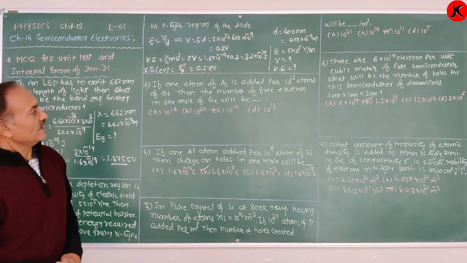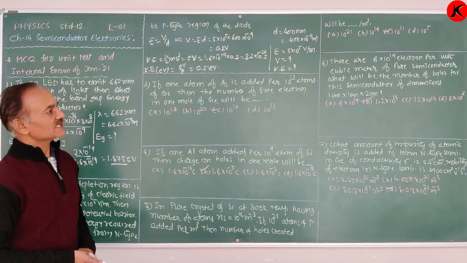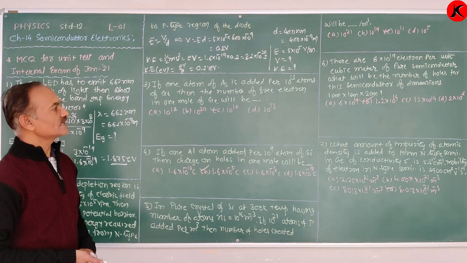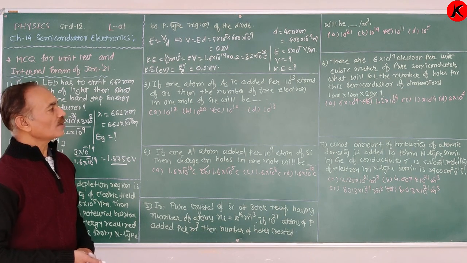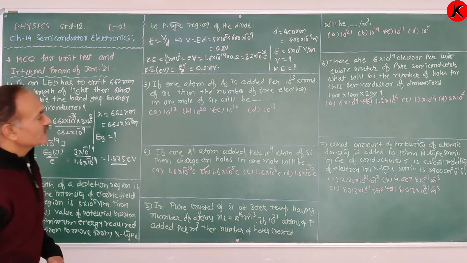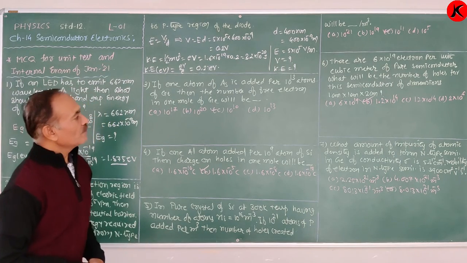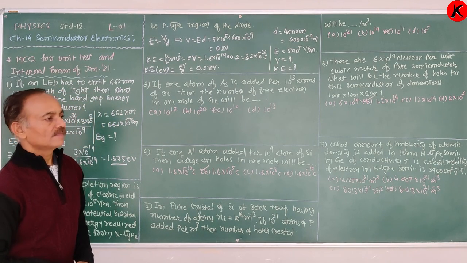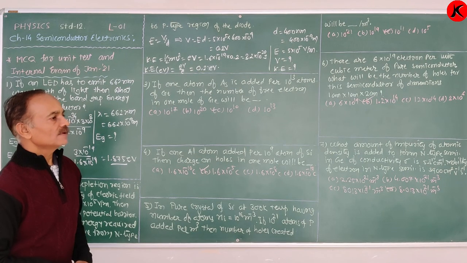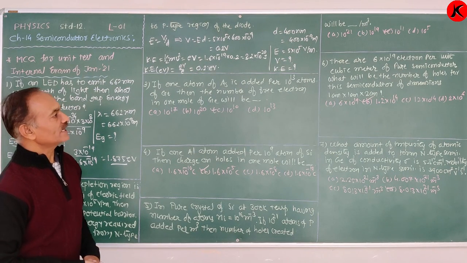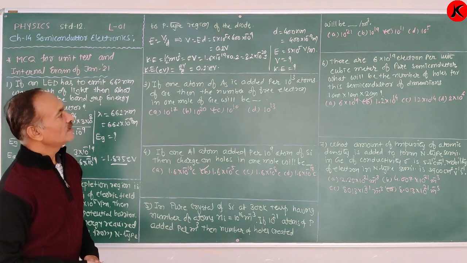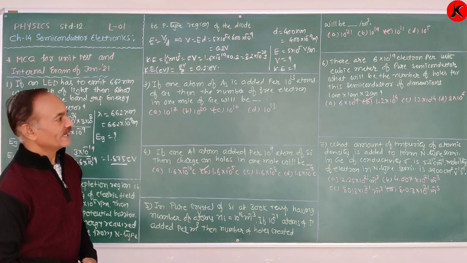Now the next numerical: if one atom of arsenic is added per 10 to the power 13 atoms of germanium, then the number of free electrons in 1 mole of germanium will be? We have to find out the number of free electrons in 1 mole of germanium. Here, per 10 to the power 13 germanium atoms, one arsenic atom is added.